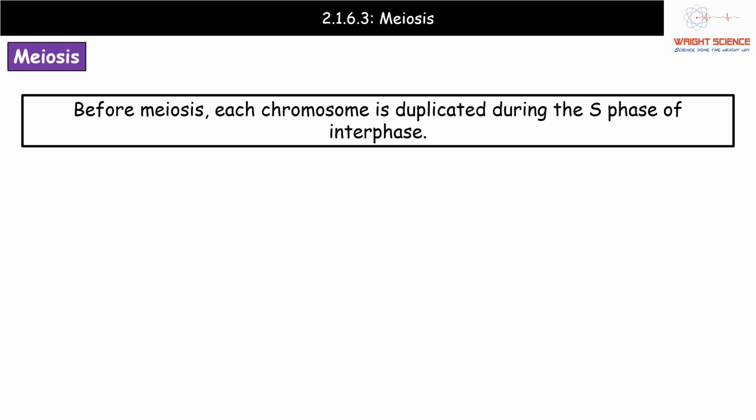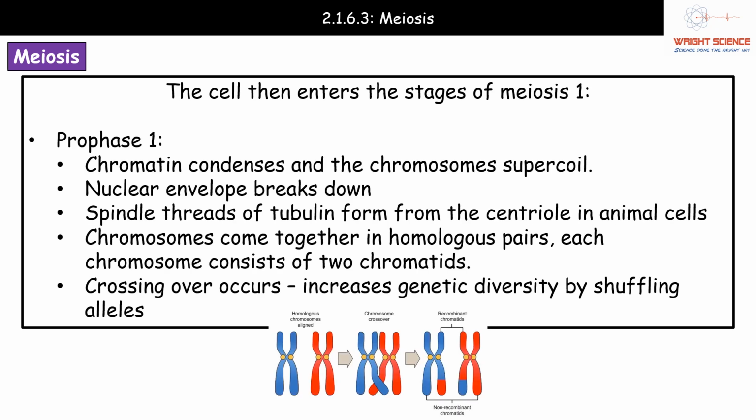If we now think about the process of meiosis then, before meiosis can take place, each chromosome has to be duplicated and that takes place in interphase in the S or synthesis phase. Once we've actually replicated all of those chromosomes, then we are going to enter the stages of meiosis 1.